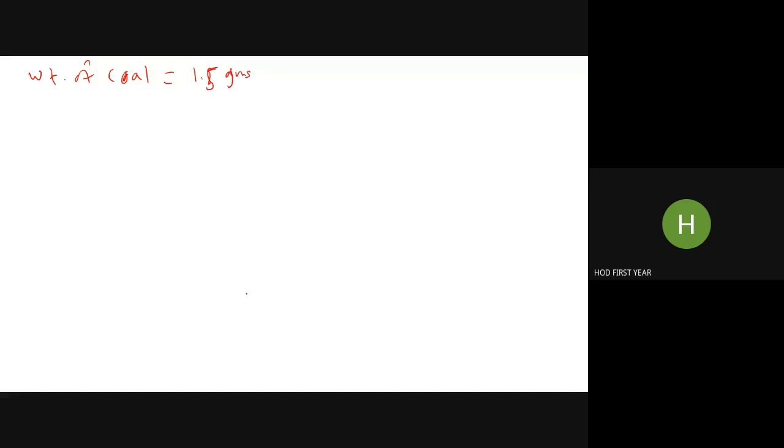Okay. So here in this problem, we need to calculate carbon and hydrogen, right? So what basic data we need? We need weight of coal, that is given, 1.5. What else we need? We need weight of carbon dioxide and weight of H2O. So weight of CO2 is there or not?